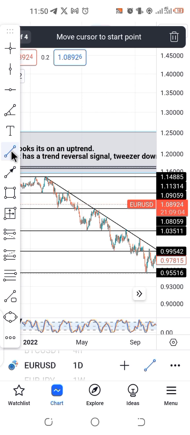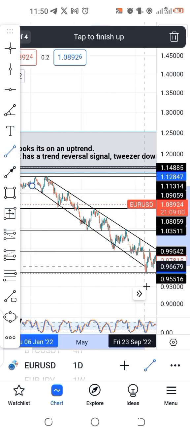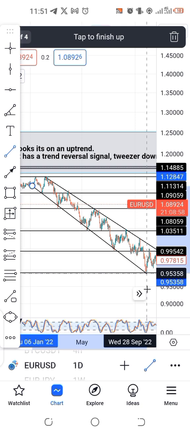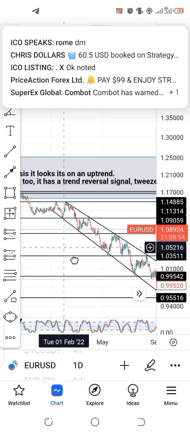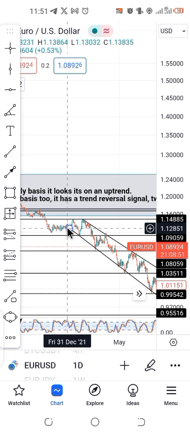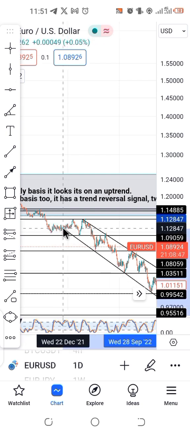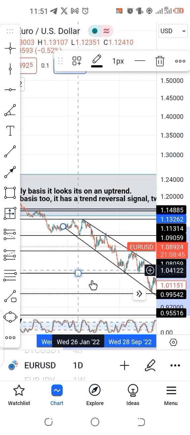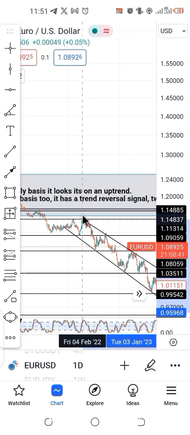Where is the trend line? Okay, so you pick it, you extend it down. All right, then let's draw it well. Good. So you realize this thing should be drawn well.